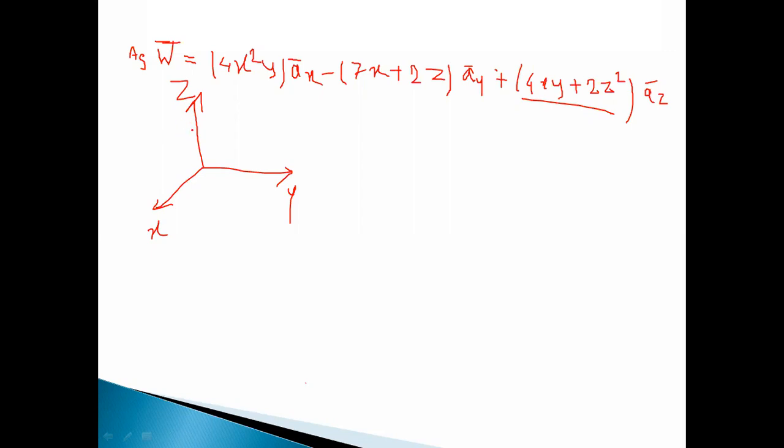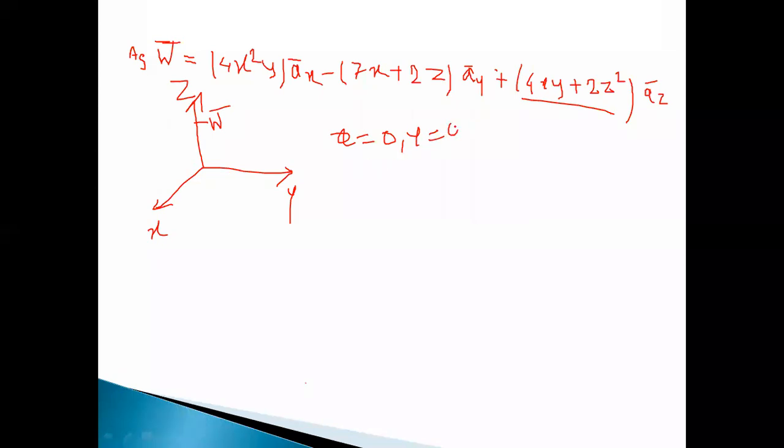We have to consider only the z-axis. If W bar is placed on the z-axis, then your x and y coordinates should be 0. Your x coordinate is 0, your y coordinate is 0.